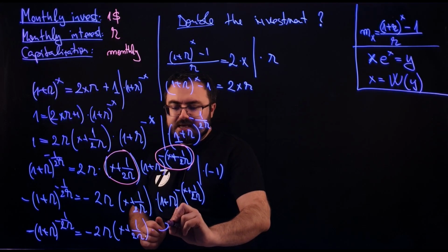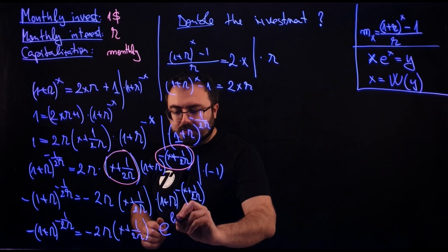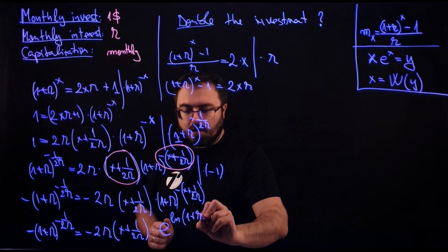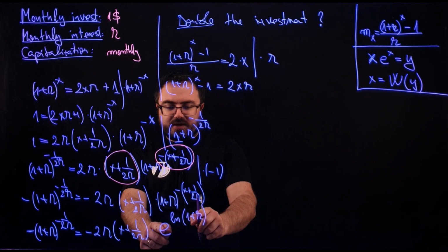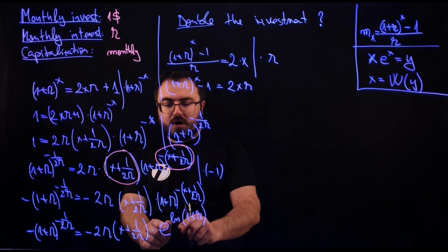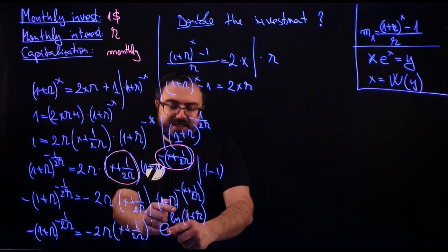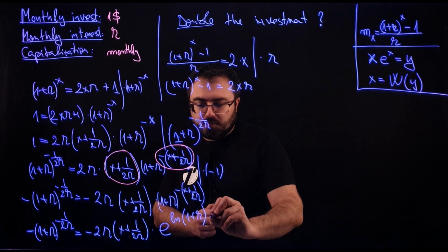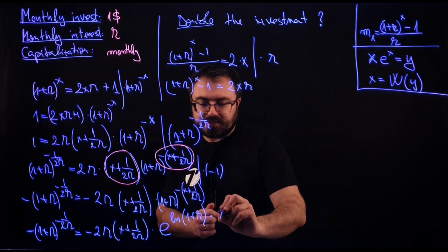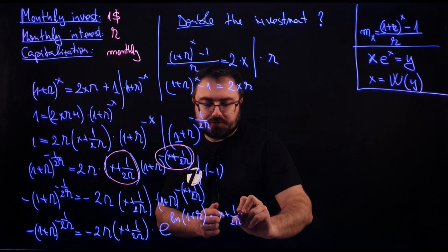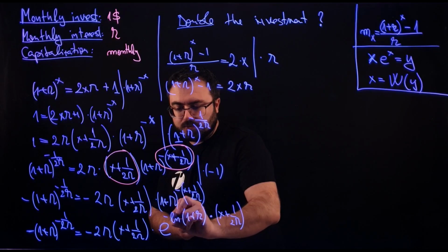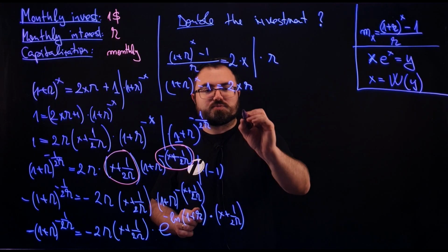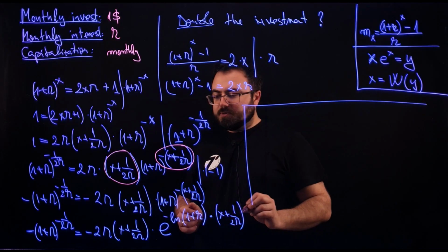We put e, but then we need to put the natural logarithm of (1 + R) in the exponent, so we can exchange the base with e, and we have the natural logarithm multiplied by (x + 1/(2R)), with a minus. The logarithm is only for this expression. Let's move on.